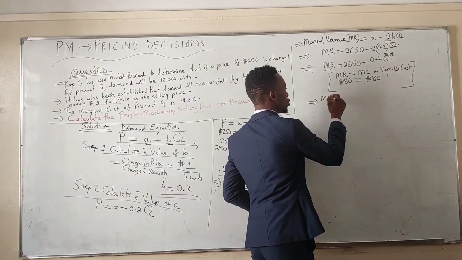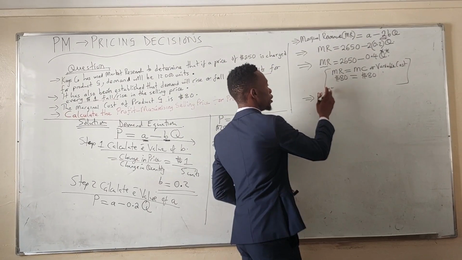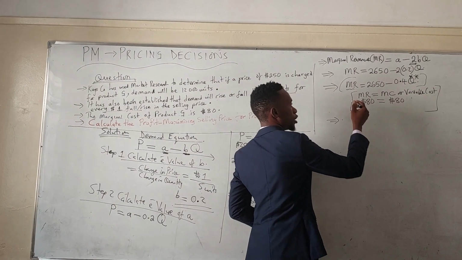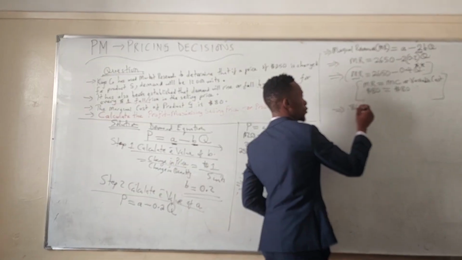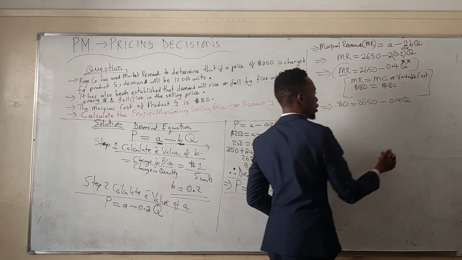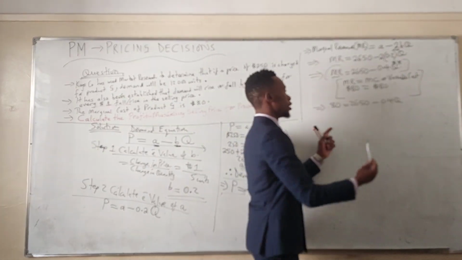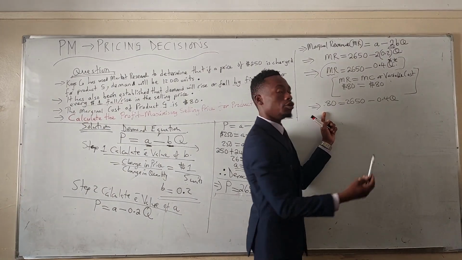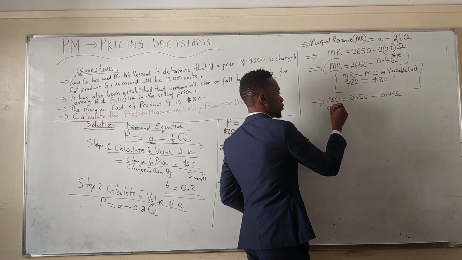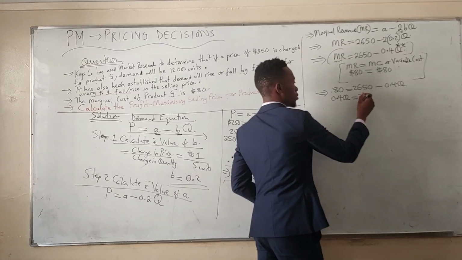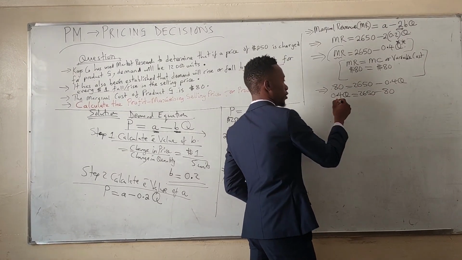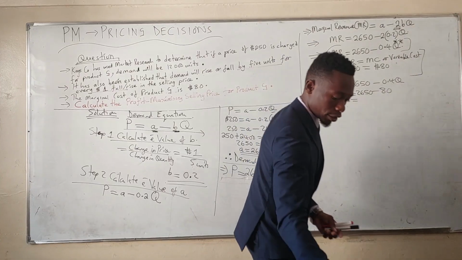Now, let's continue with our equation. So MR, this is 80, equal to 2650 less 0.4Q. Now, I need the value of Q. Guys, you apply mathematics here. Allow me to move this to the opposite side. The 80 goes here. You know the mathematics, right?